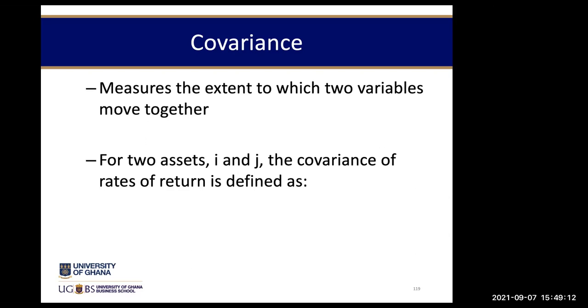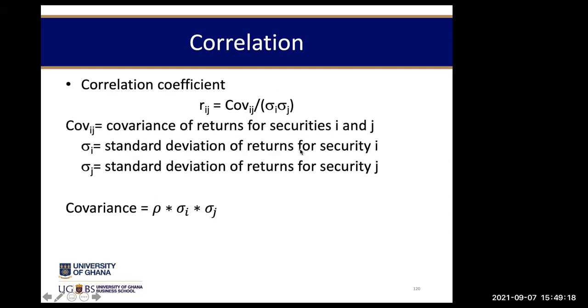That's a key difference. So typically in finance, we prefer to work with the correlation rather than the covariance, because the correlation is standardized and ranges between -1 and +1.